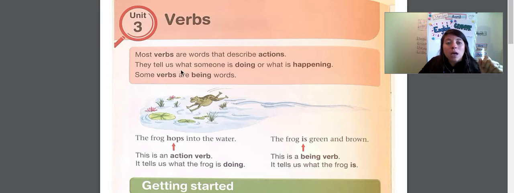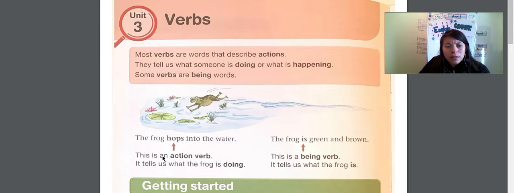They tell us what someone is doing or what is happening. Some verbs are being words. Now, what do I mean by that?